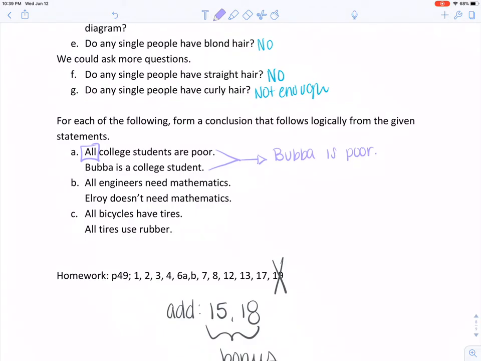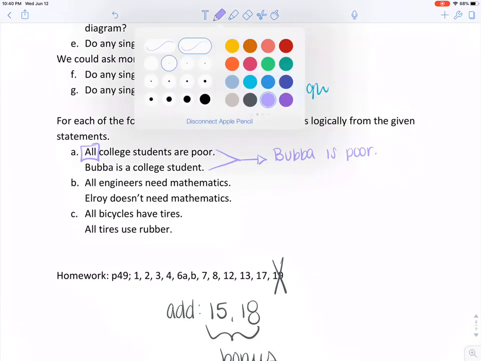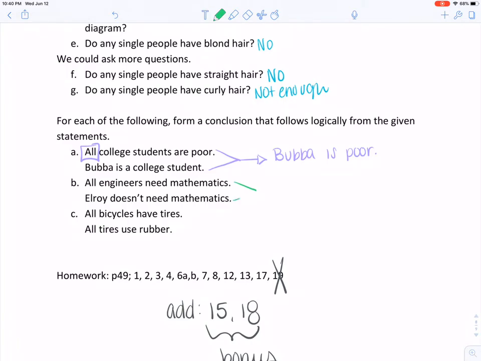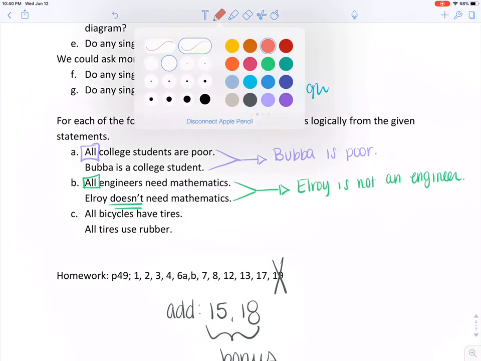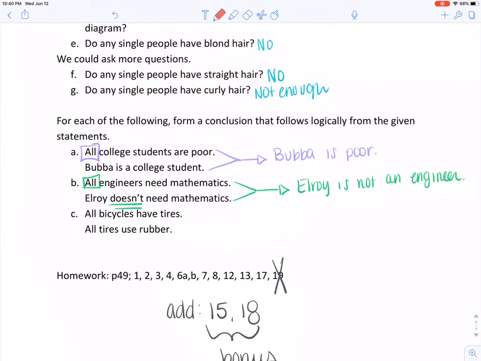Okay? The next one, all engineers need mathematics. Elroy doesn't need mathematics. So logically, I can say that if all engineers need mathematics and he doesn't need mathematics, then Elroy is not an engineer. And then the last one, all bicycles have tires.